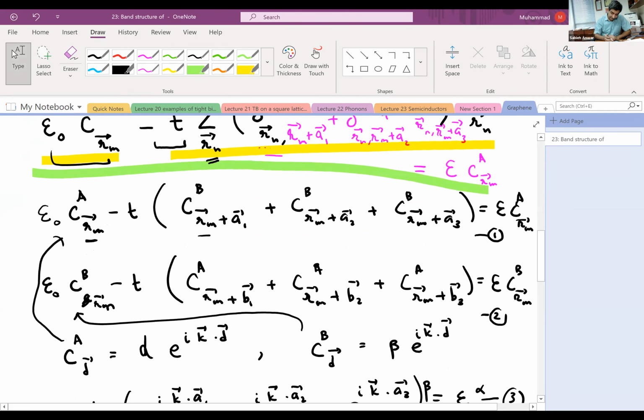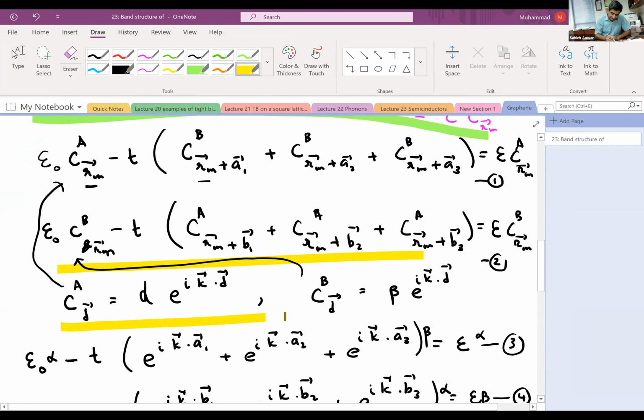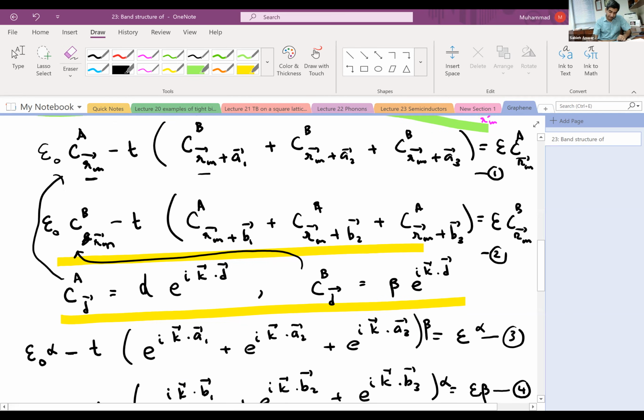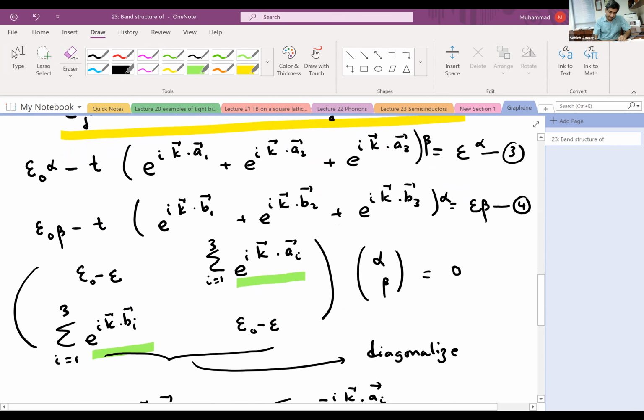Likewise, I can write an equation for B, and then I have these trial solutions for pseudo spins, a trial solution for sublattice A and a trial solution for sublattice B. And then I insert the values into my two Schrodinger equations, and I'm left with a matrix equation.